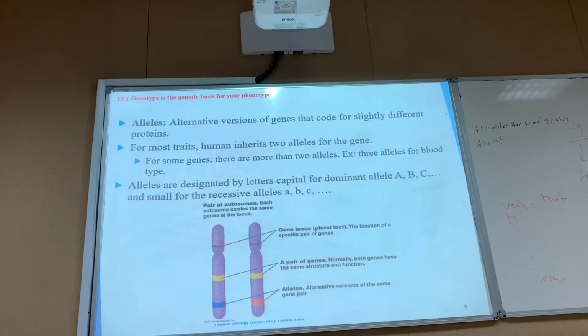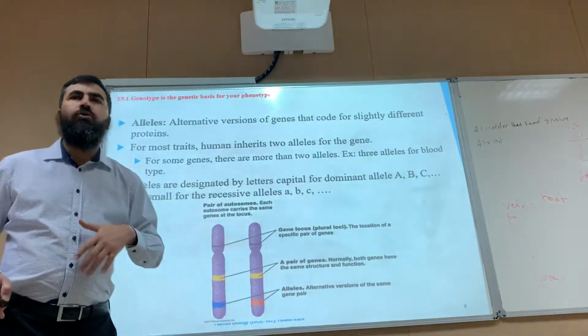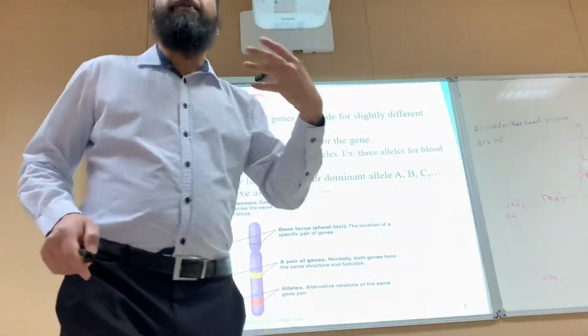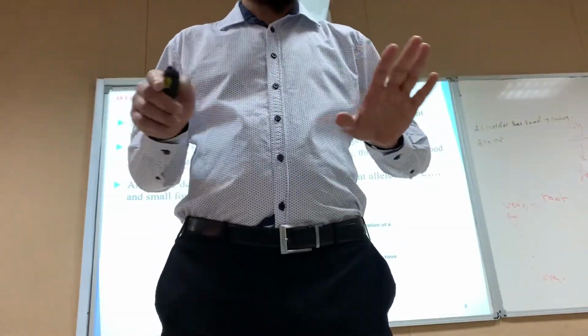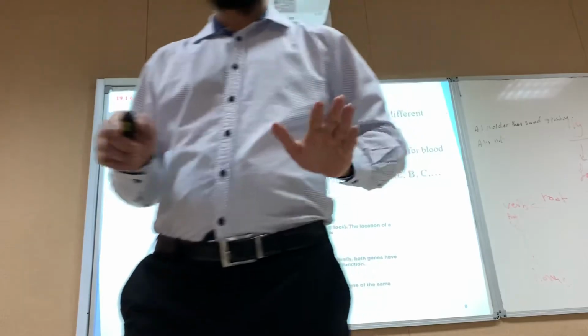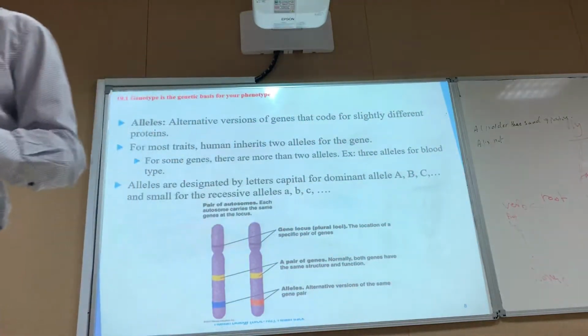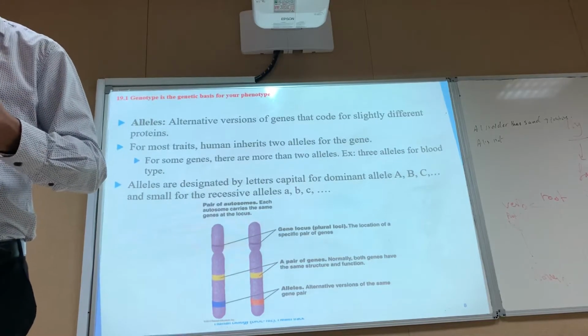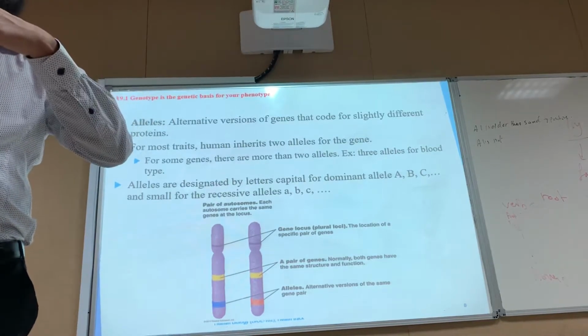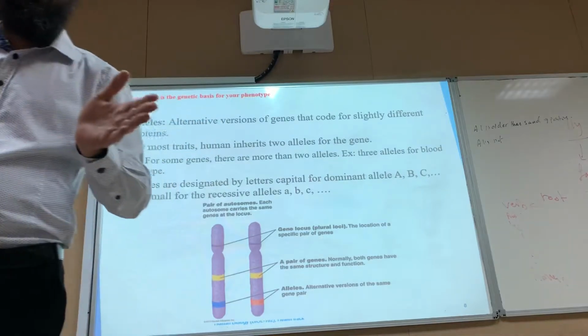A dominant allele always appears. When we're talking about complete dominance, so Mendelian genetics, a dominant allele always appears. Even if you have one recessive allele, the dominant will mask the recessive one.